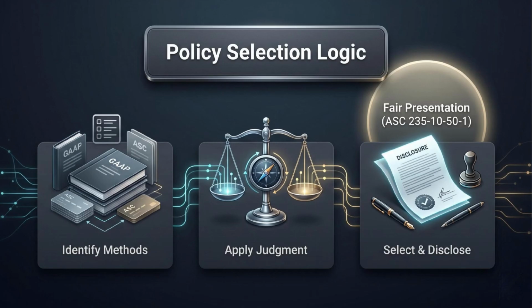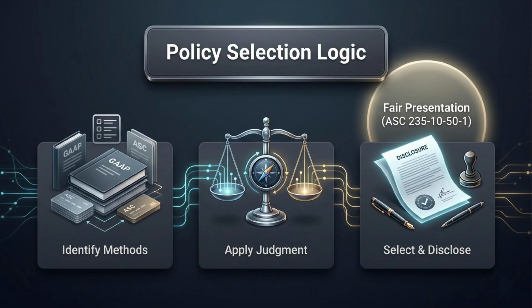The policy selection logic starts with GAAP. Sometimes GAAP permits more than one acceptable method. Inventory is a simple example. An entity may use FIFO, weighted average, or another acceptable method depending on the applicable rules and facts.